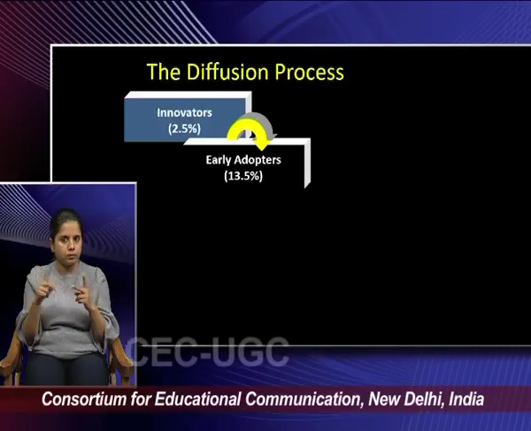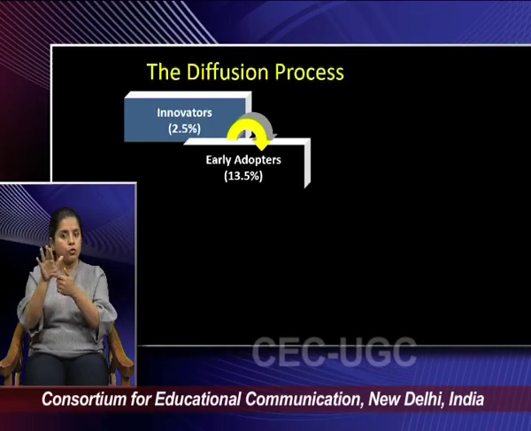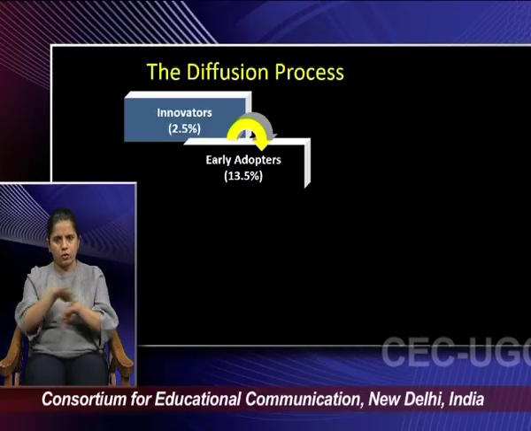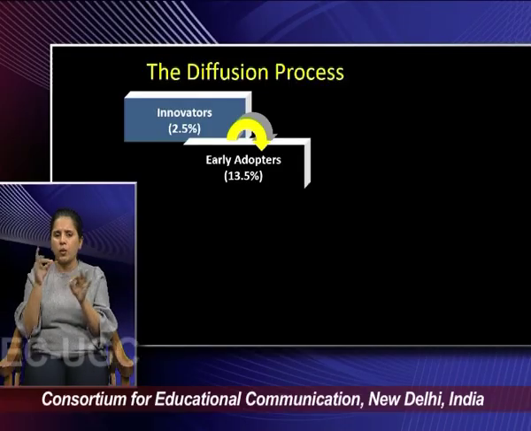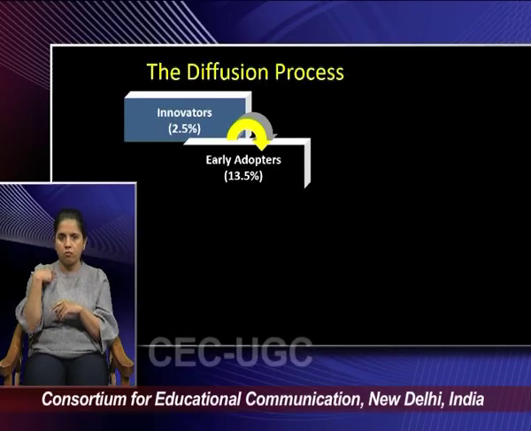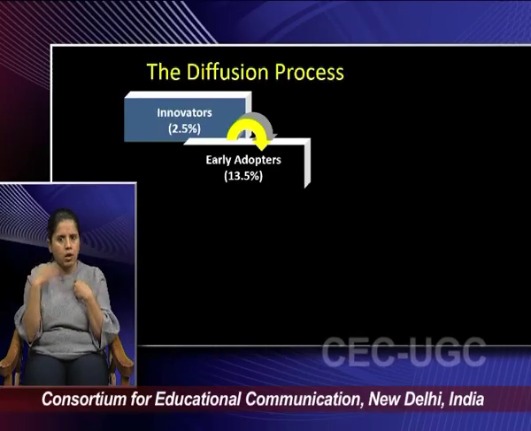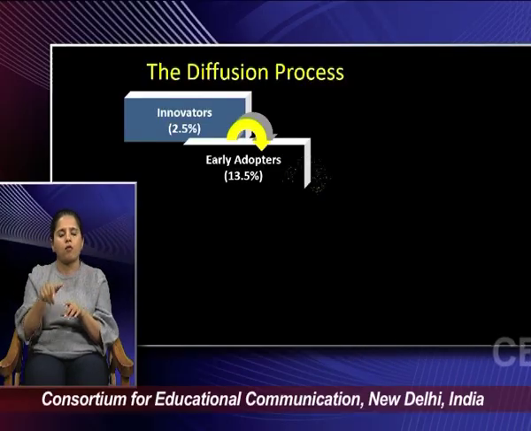They are ready to accept the innovation. And my dear learners, 95% of advertisements target these 2.5% of people, because they are the ones who are going to adopt the innovations. The next step is early adopters, representing 13.5% of the total population. They are not as innovative as innovators are, but they take the lead in adopting innovations, so they are called early adopters.